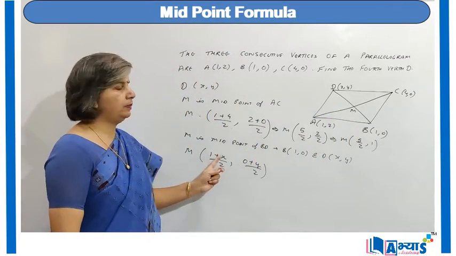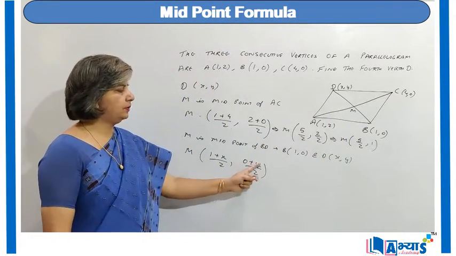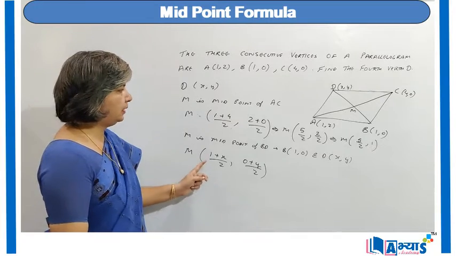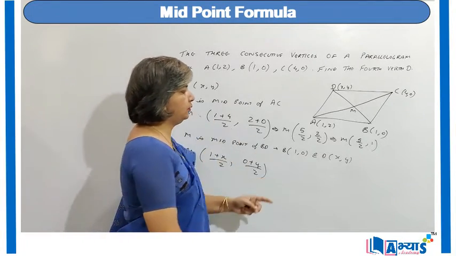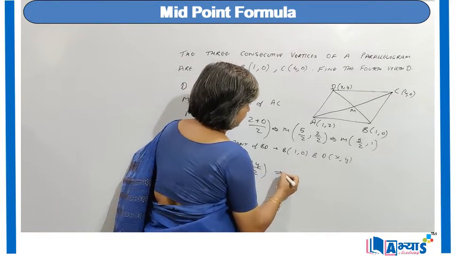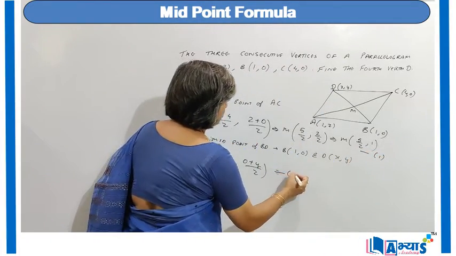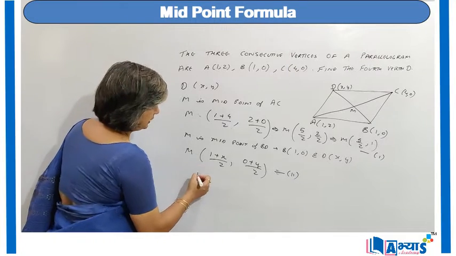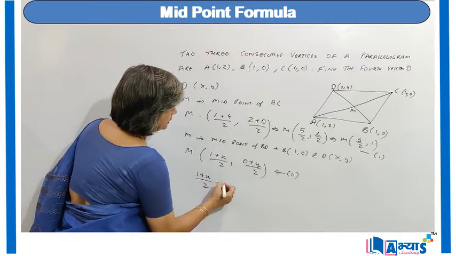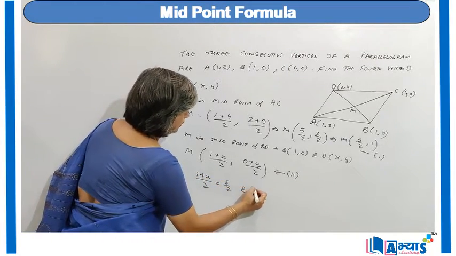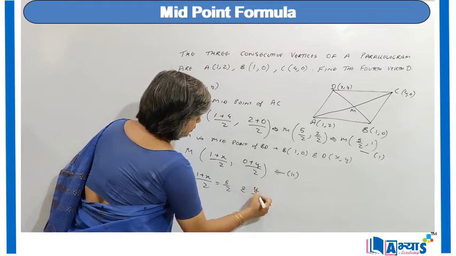So I will have 1 plus x divided by 2 and 0 plus y divided by 2. Let us mark these as 1 and 2. From 1 and 2 we can say that 1 plus x upon 2 is equal to 5 by 2 and y upon 2 is equal to 1.